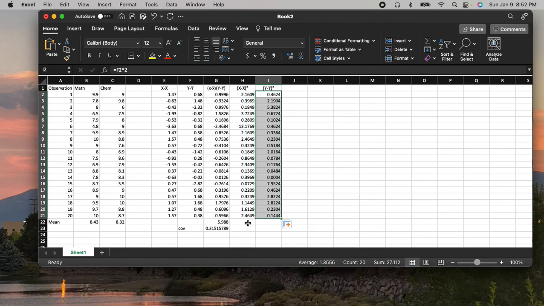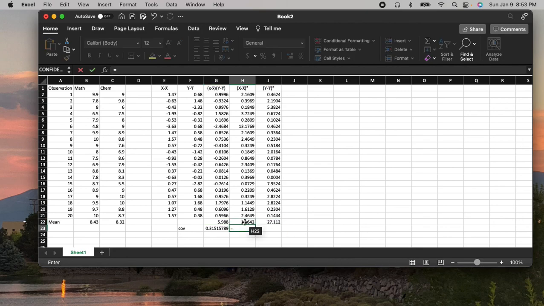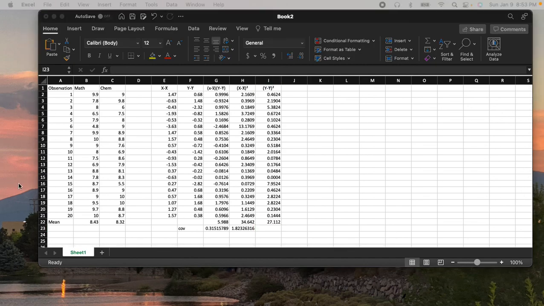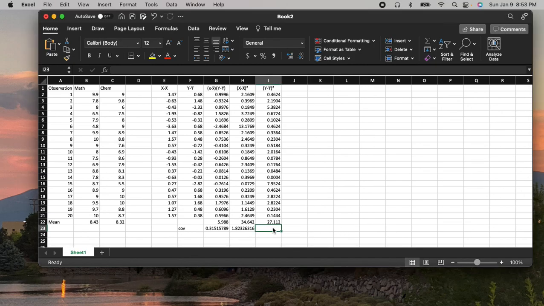Okay, so to find my standard deviation, I need to get the sum of these. All I have to do is grab this corner and pull it here, and this is my sum of x minus x bar squared. What I have to do is divide that by 19. So this is going to equal this divided by n minus 1, which is 19. I am going to do the same thing for this: my sum of this divided by 19.